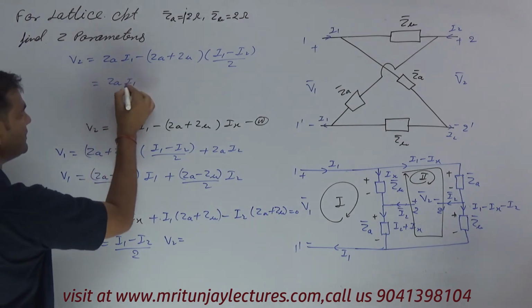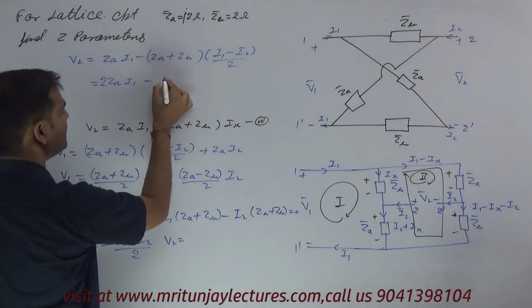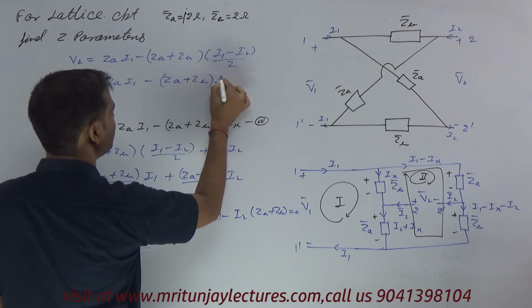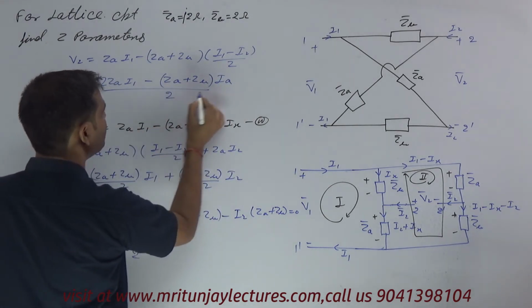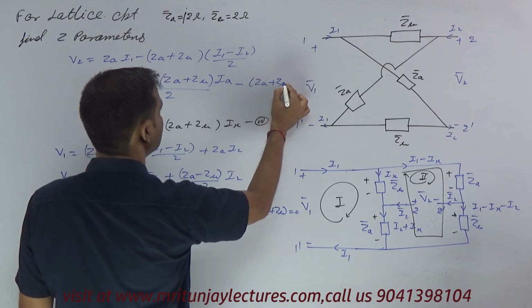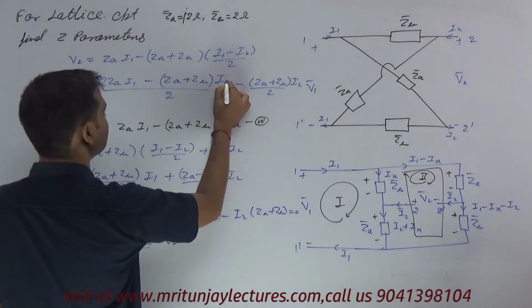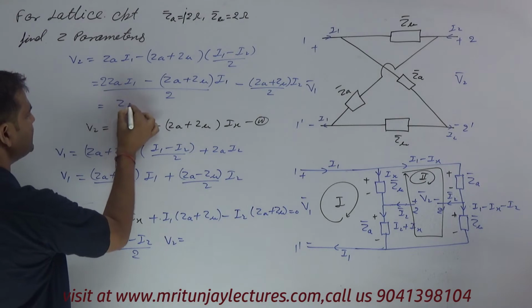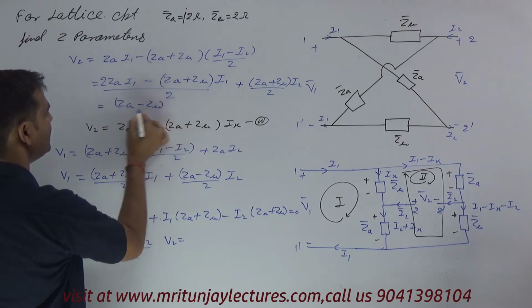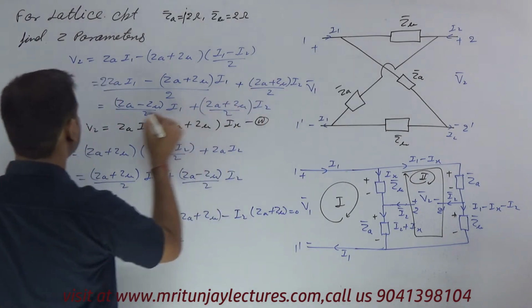Now ZA I1, that is 2 times ZA I1 by 2. So we get (ZA minus ZB) divided by 2 into I1 plus (ZA plus ZB) divided by 2 into I2, that is V2.